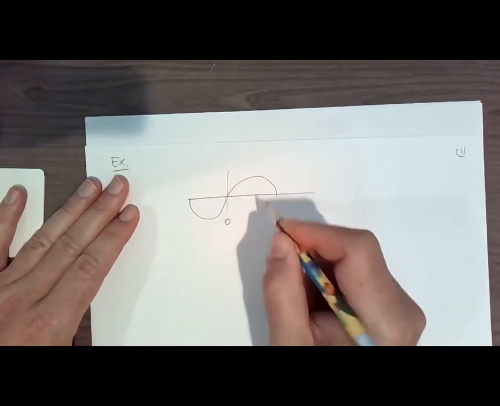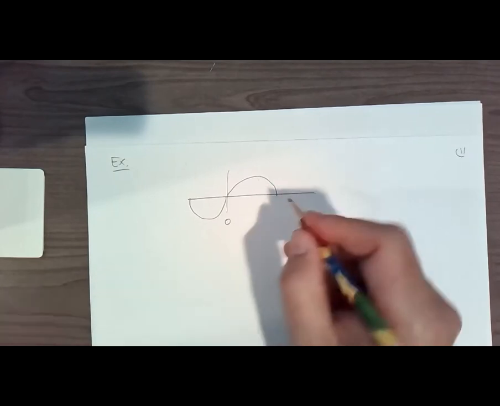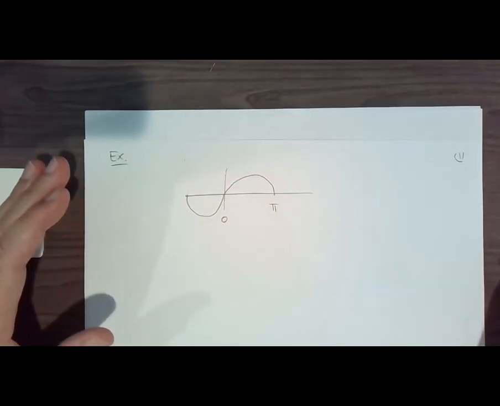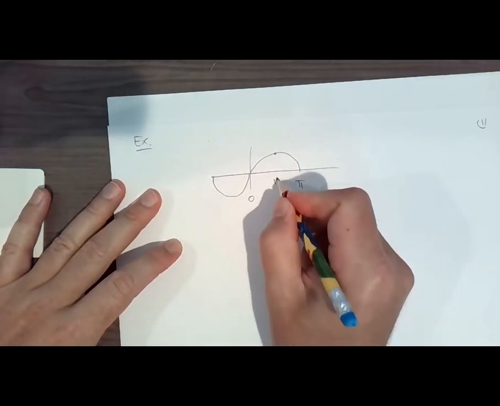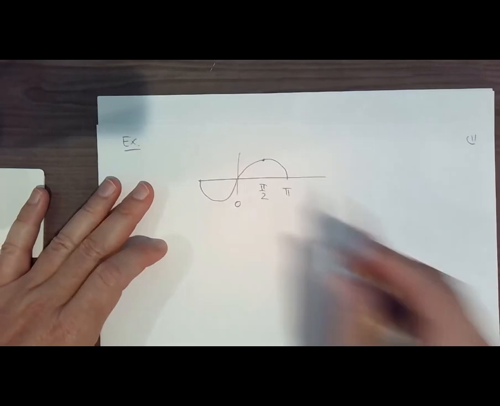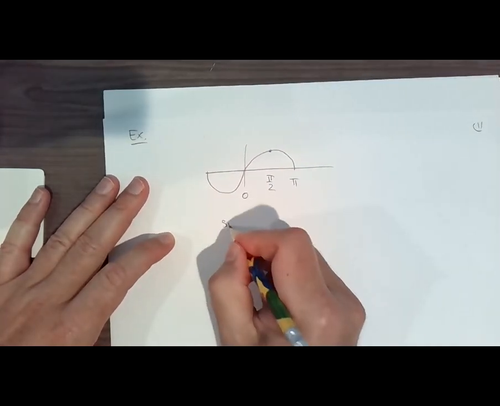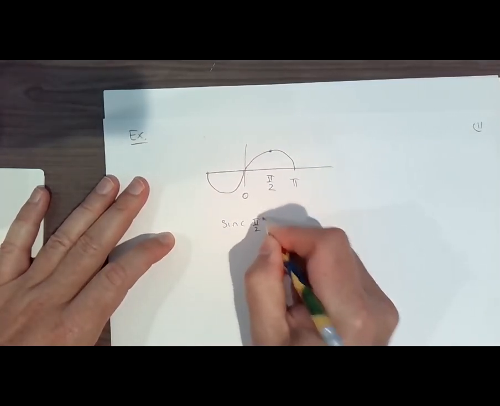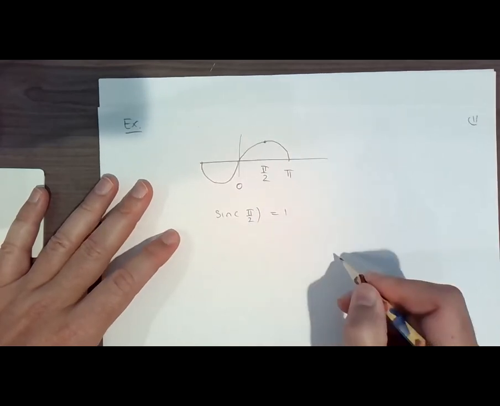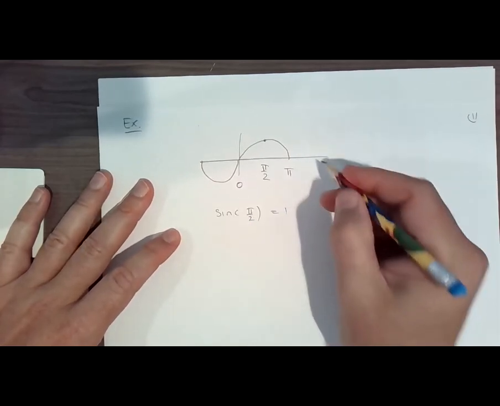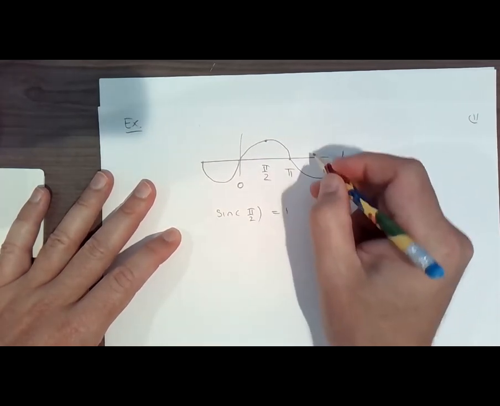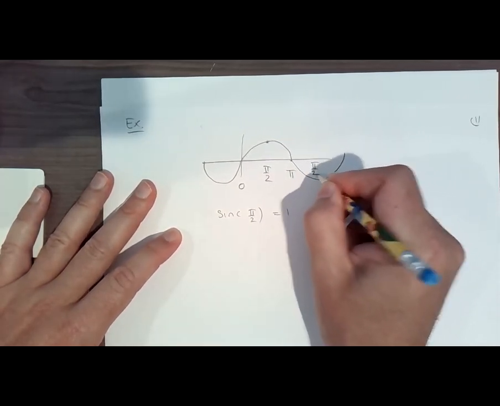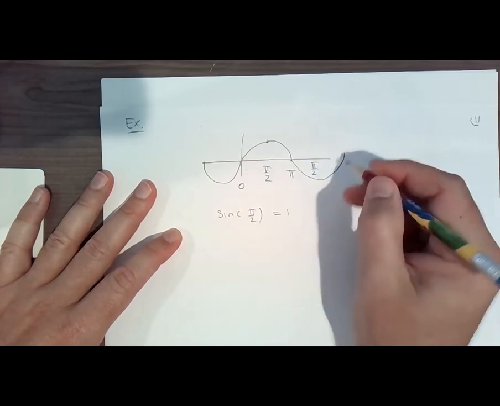So what do I have? I have 0, and then this is pi here. If I look at pi divided by 2, sine of pi over 2 is equal to 1. And if I move it up, I'll have pi divided by 2 times 3.